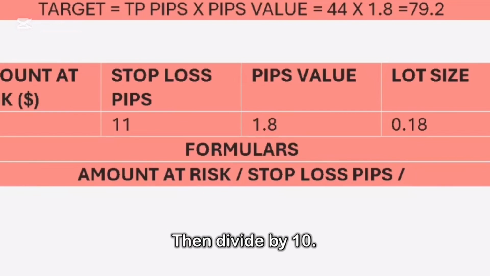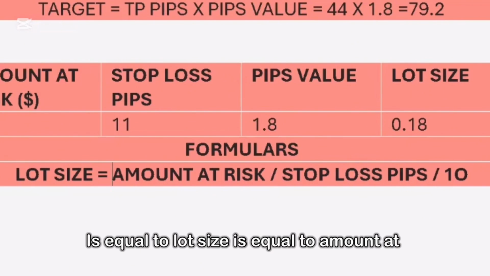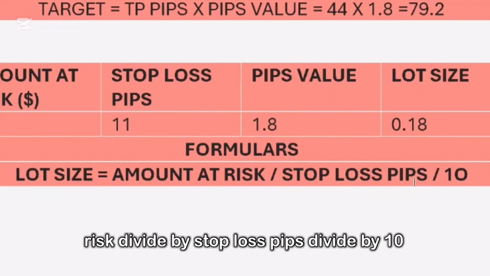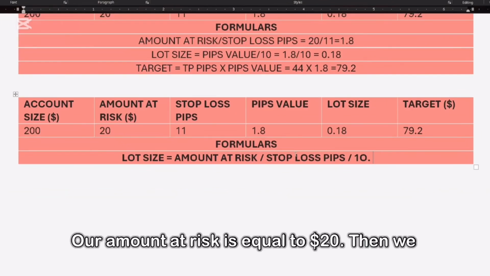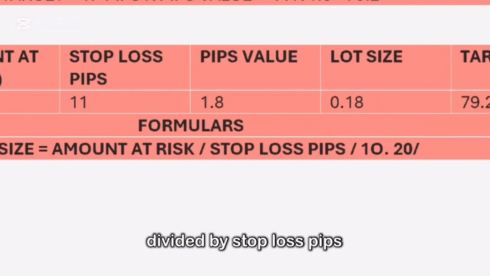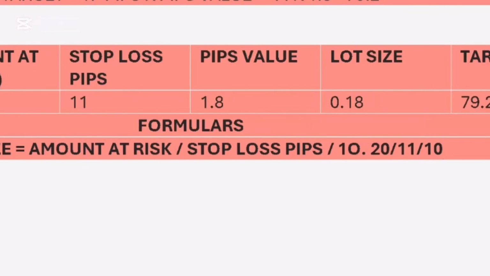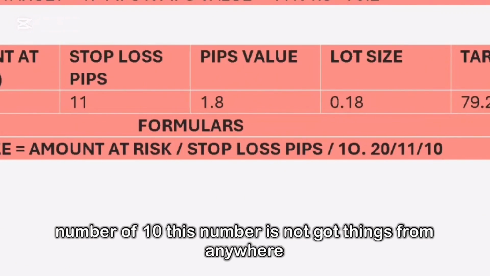Then divide by 10. You say lot size is equal to amount at risk divided by stop loss pips divided by 10. Our amount at risk is equal to 20. Then we divide it by stop loss pips, which is 11. Then we divide it by a constant number of 10. This number is not gotten from anywhere.